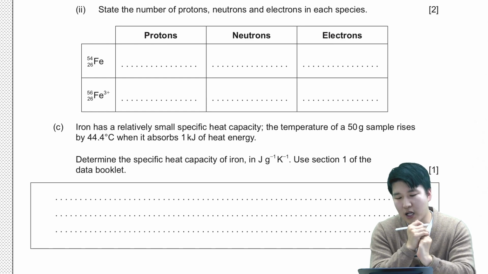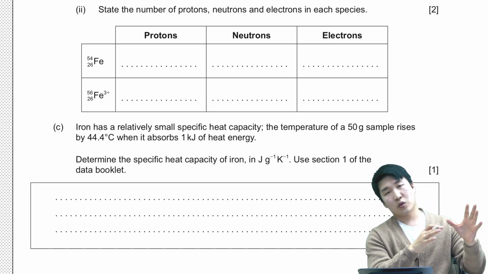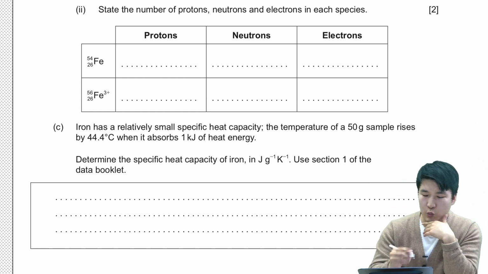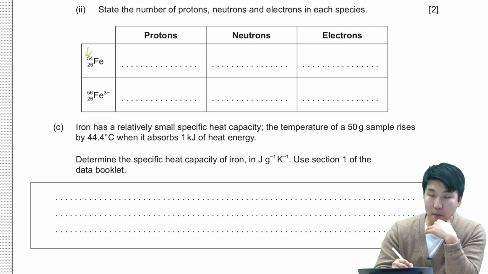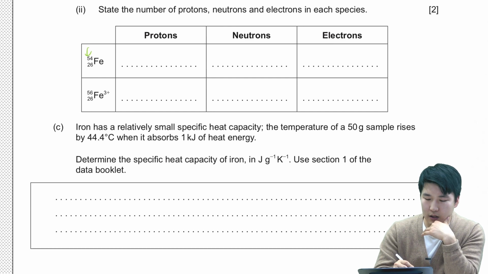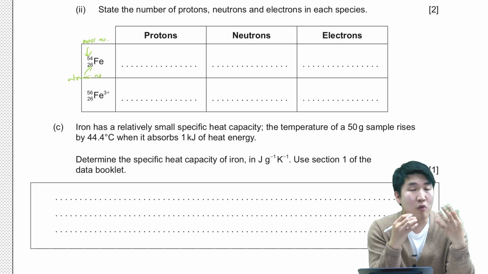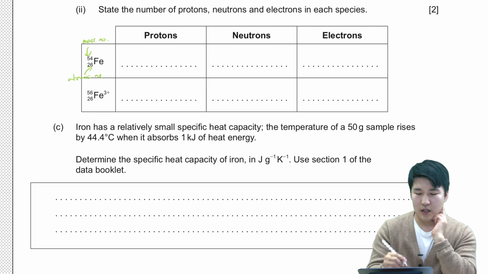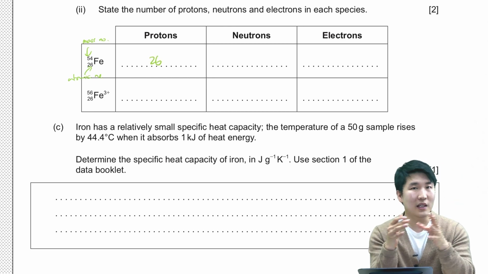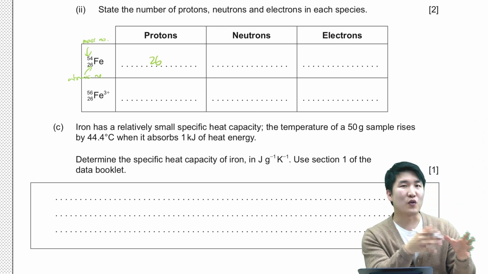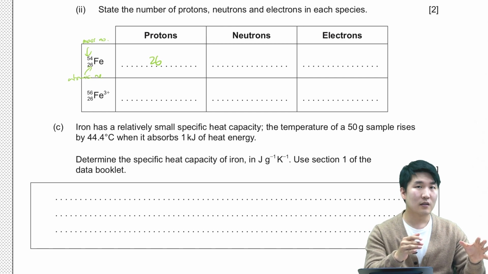Okay, let's work out the number of protons, neutrons, and electrons. We will be looking at the mass number 54 and the atomic number 26. The atomic number represents the number of protons, which will be equal to the number of electrons in atomic state.